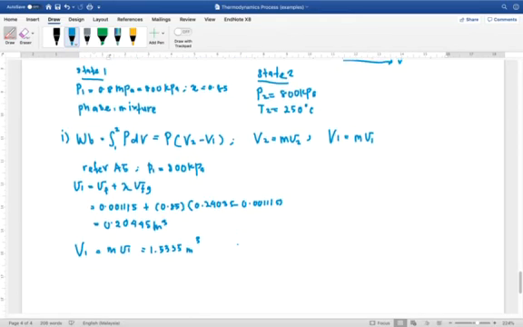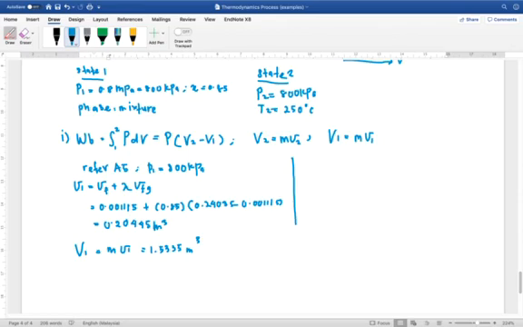Next is to find V2. How to find V2? To find V2, we have to check the phase of state 2. Please be careful for problems involving steam. You have to find the phase for each state.